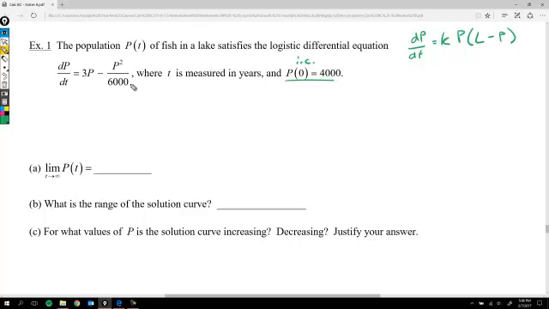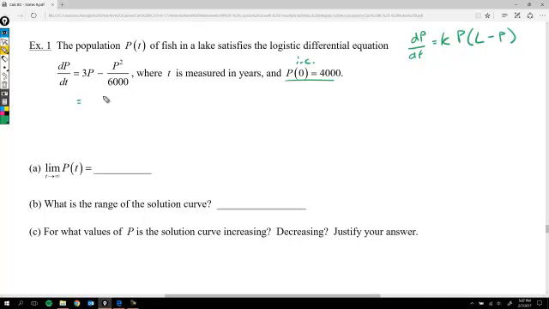Now the easiest way to go about this is to get my equation in this form, with a P on the outside and a P on the inside. It's better if everything is an integer, with no fractions in here. So I'm going to factor out a P, and also a 1 over 6,000, because this P is just by itself.